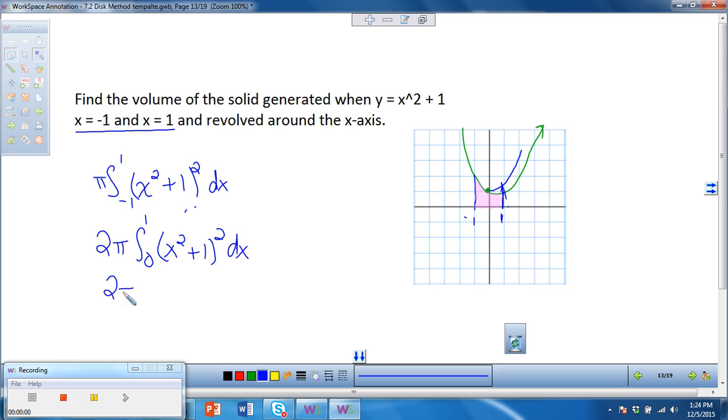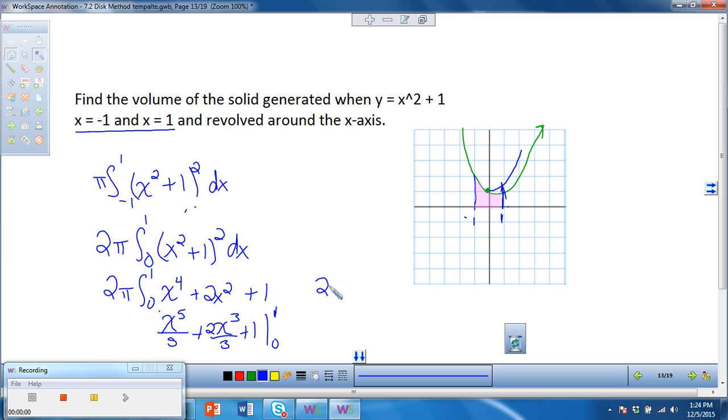You can do this on the calculator, but multiplying this out gives me x to the 4th plus 2x squared plus 1. Integrating this, I get x to the 5th over 5 plus 2/3 x to the 3rd plus 1, integrated from 0 to 1.